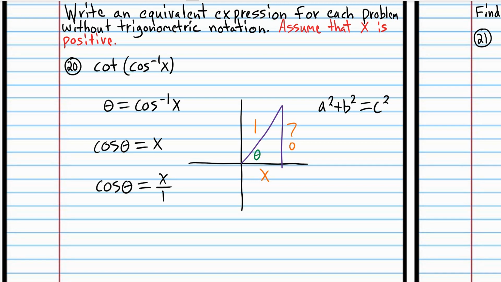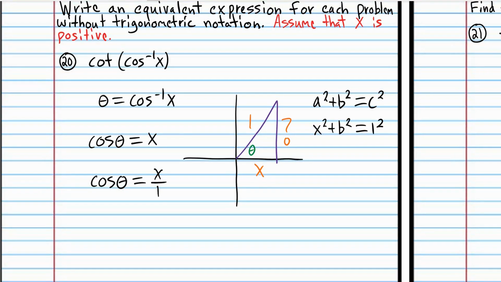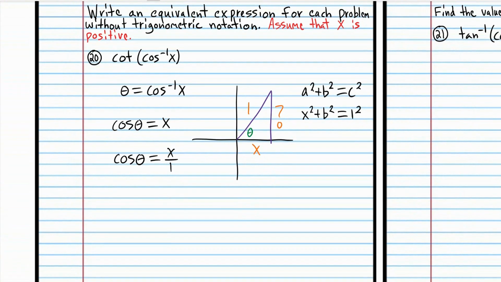So we have to use the Pythagorean theorem. We'll just plug everything in. Whoops, that should be b. Hypotenuse is 1. And we're trying to solve for b. And you don't have to show every step of this.